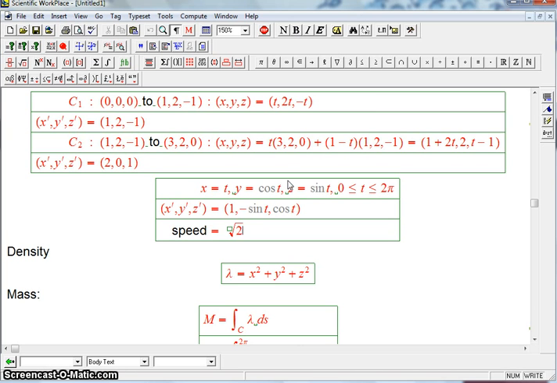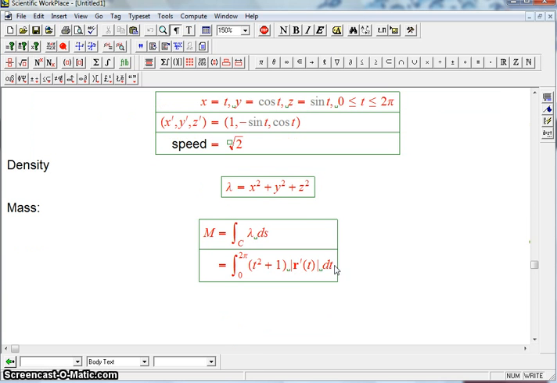Because sine squared plus cosine squared equals 1, plus 1 is 2, inside the square root is root 2. And so that is what goes in here. This is the speed right here, so the root 2 comes out, and we just get the integral from 0 to 2 pi of t squared plus 1 dt. And that's not really that hard.